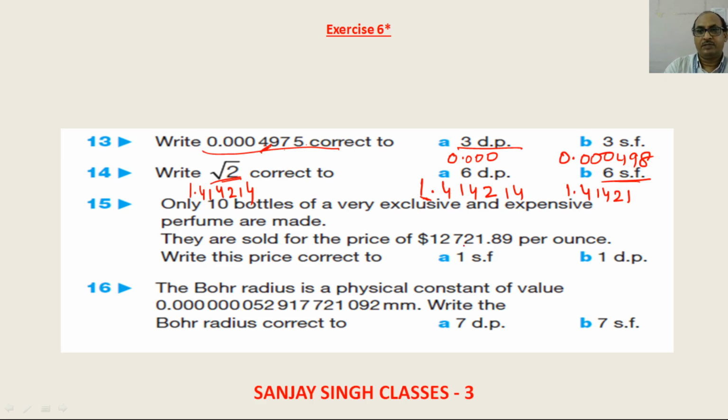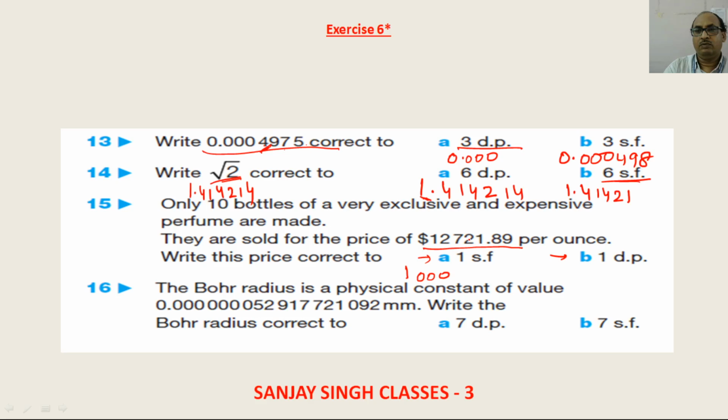Right. Now here the price is given to us. This price we need to write for 1 significant figure and 1 decimal place. So if we are writing 1 significant figure, it will become 1, remaining things will become 0.